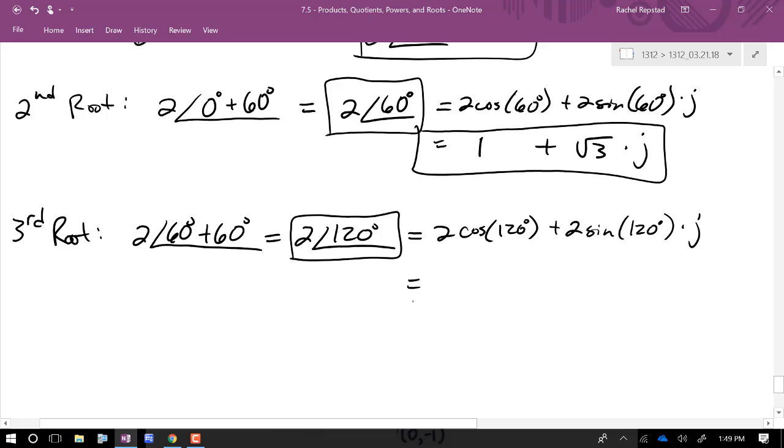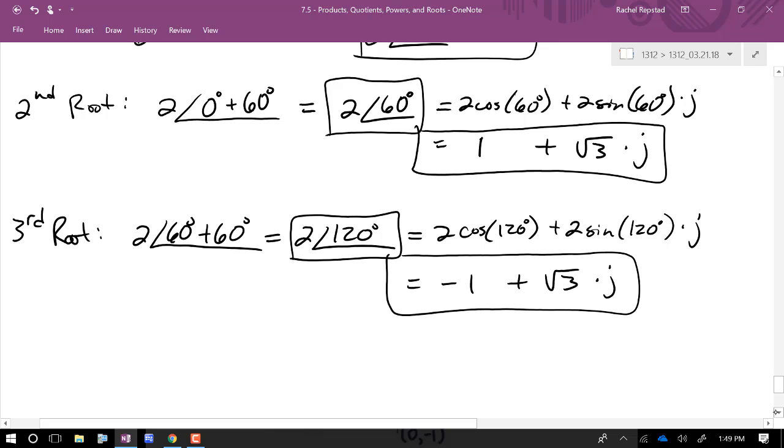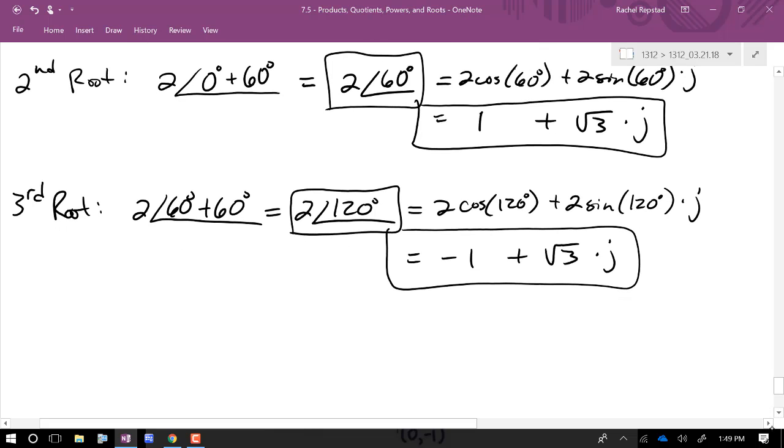Cosine of 120 is negative a half, so this is minus 1, and that'd be plus root 3 times j. So we have 3 roots. There's only 3 more to go, you guys.